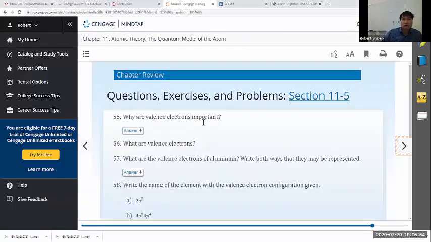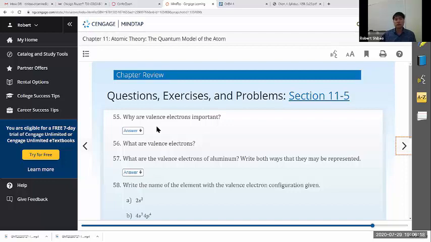Why are valence electrons important? Well, valence electrons are the outermost electrons, and those are going to be the ones that are most reactive. It turns out the core electrons can also be reactive, except they're held much more strongly, and so it requires a tremendous amount of energy to get the core electrons to react, like 10 times more energy than the valence electrons.